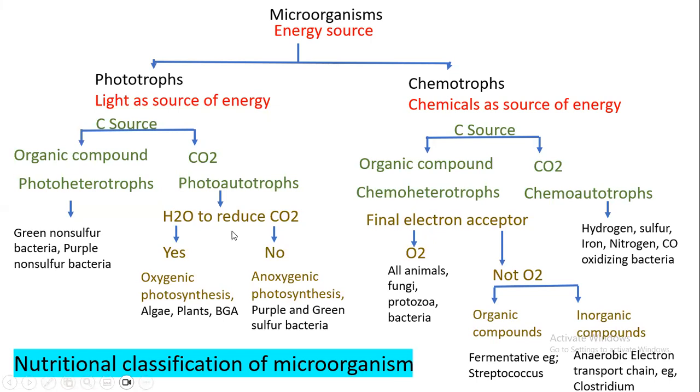Photoautotrophs, depending on whether they are using water to reduce carbon dioxide, are divided into those that use water for reducing carbon dioxide, and in the process they will generate oxygen as an end product. Hence, they are known as oxygenic phototrophs. Examples include algae, plants, and blue-green algae.